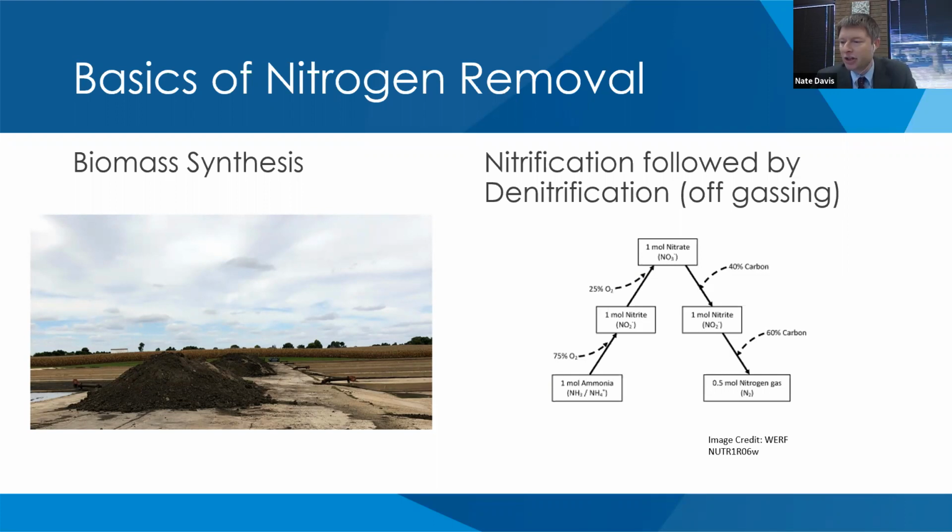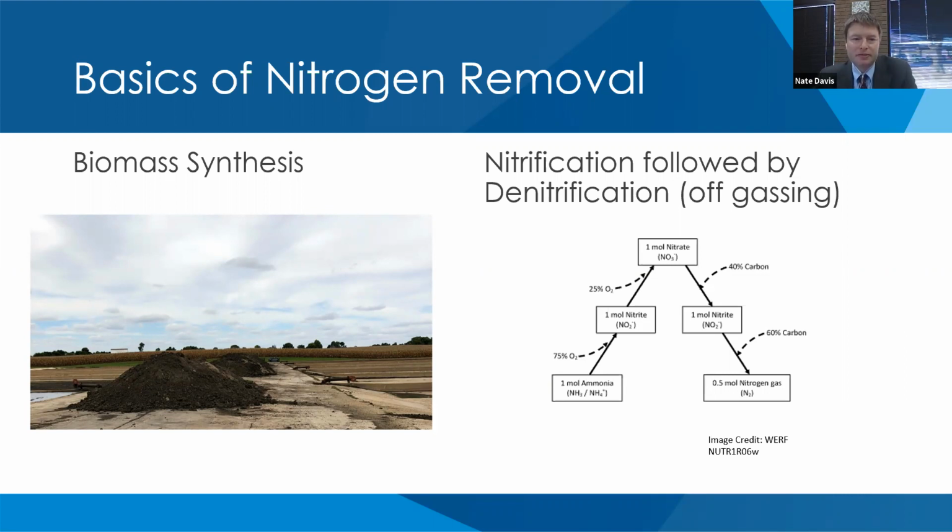In general, the volatile dry solids of your waste activated sludge roughly contain 12% total nitrogen by the theoretical stoichiometric relationship. So that's uptake into the cell mass, and then it's removed from the system when you waste sludge.